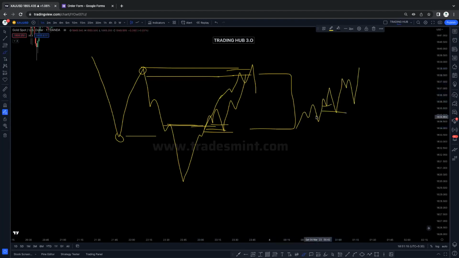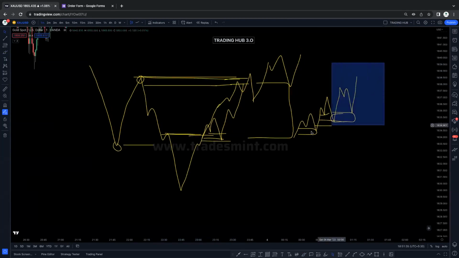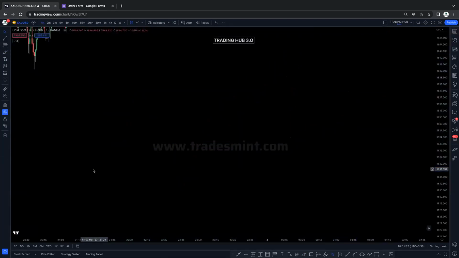Taken out the inducement, mitigate here and buy. And this move taken out the liquidity, so simply you can mark it as a POI. Short term, you can buy here. If this POI fails, then also you can think about buying. If the previous high is swept, you can also buy or sell as per the entry plan, using the single candle mitigation, single candle order block.